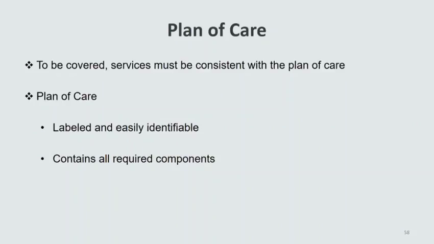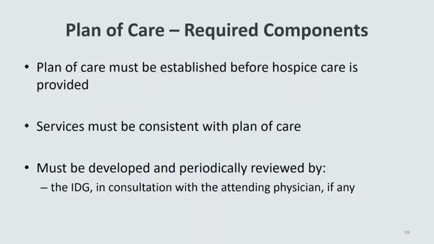Now, what they're going to look at here, like I said, on the plan of care is to make sure that it exists. That means it has to be labeled, easily identifiable, and it contains all of the required components. And those required components are listed partly in the Medicare manual, the ones that state that services have to be consistent with the plan of care. They also state that the plan of care must be established before hospice care is provided.